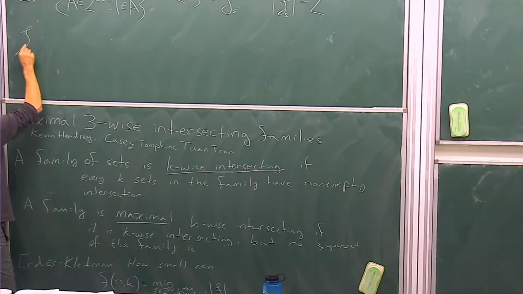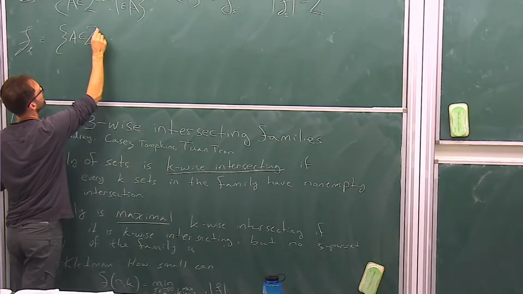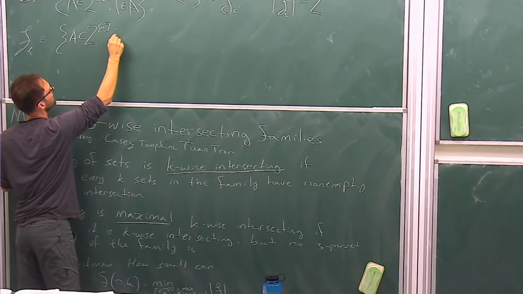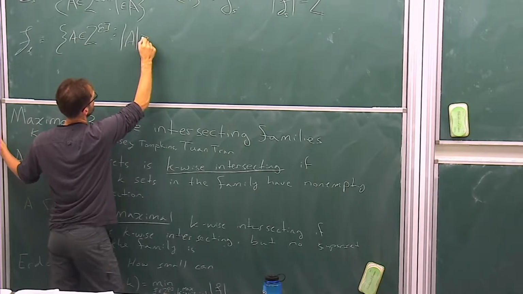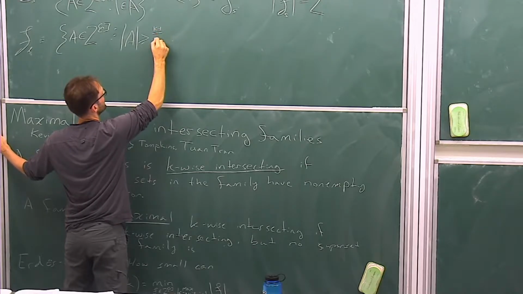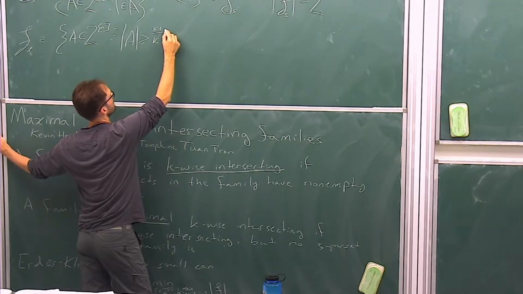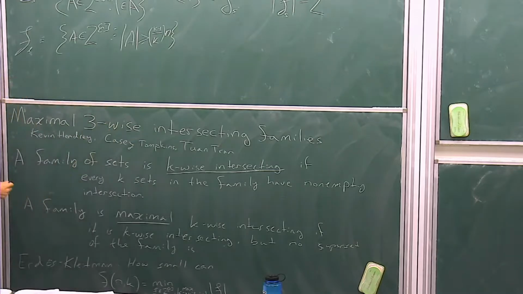Let's say F sub L is the family where the size of every set in our family is at least k minus 1 over k times n, and I claim that this is a k-wise intersecting family. It's easiest to consider the family of complements.